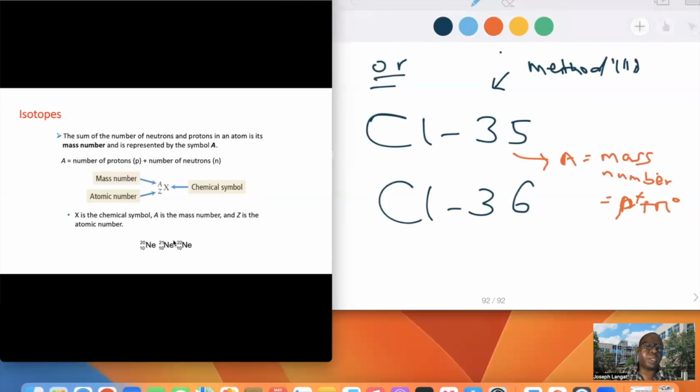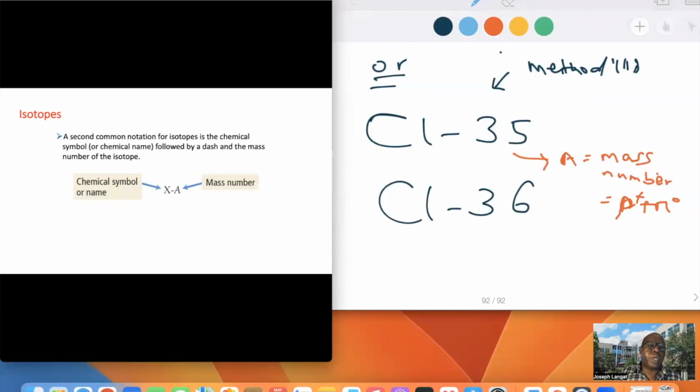We have three isotopes of neon. This is atomic number 10, which is the same as the number of protons. This is the mass number, which is protons plus neutrons. We can also have this. This is a second common notation for isotopes, where we have the chemical symbol and a number, similar to what I have there.